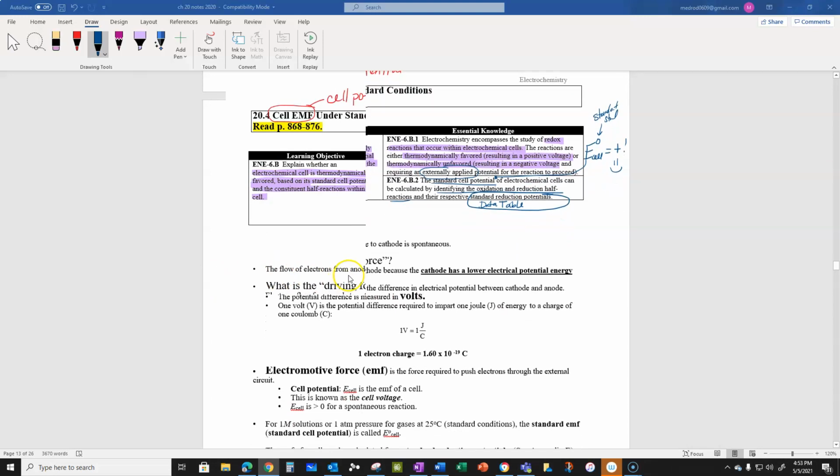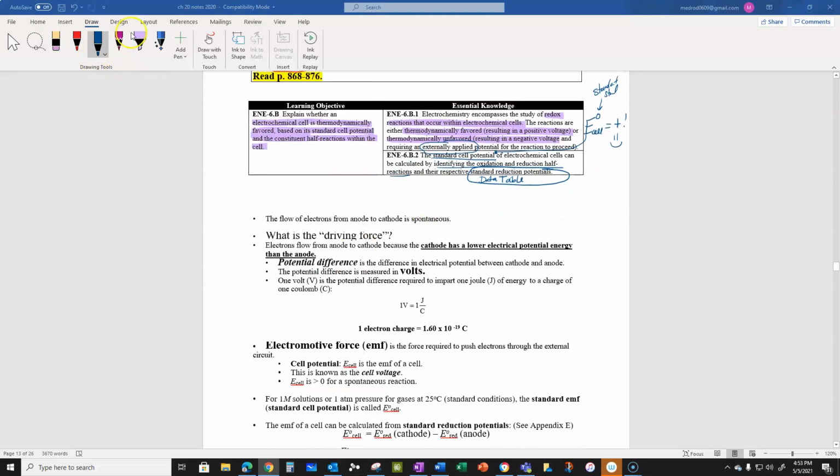The flow of electrons from anode to cathode is always thermodynamically favored. It has to go that way for it to be spontaneous. What's the driving force? You've got to remember, ladies and gentlemen, the electrons are attracted to that cathode.